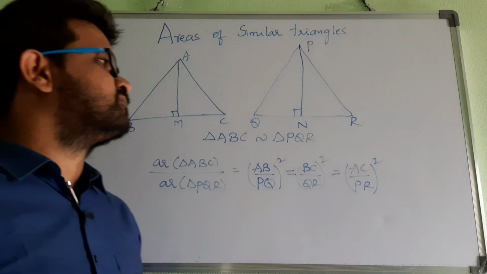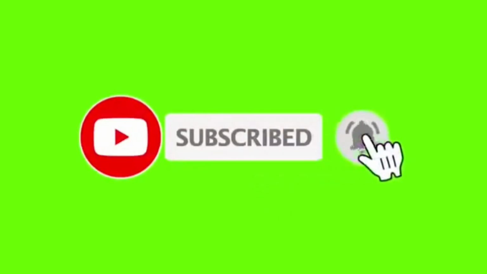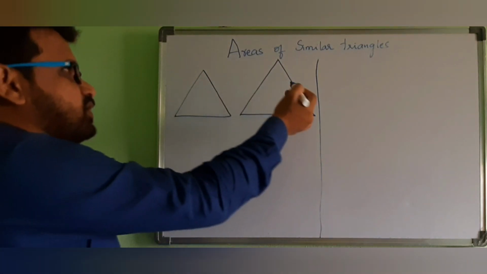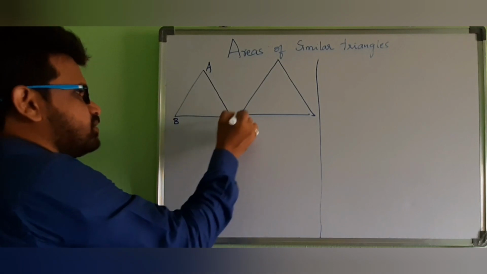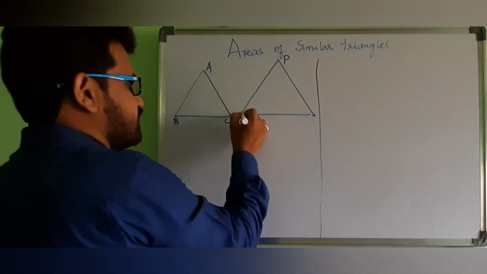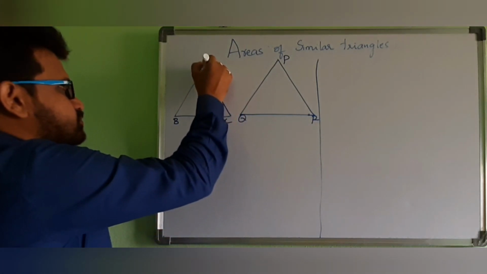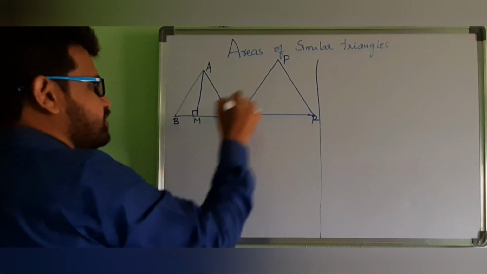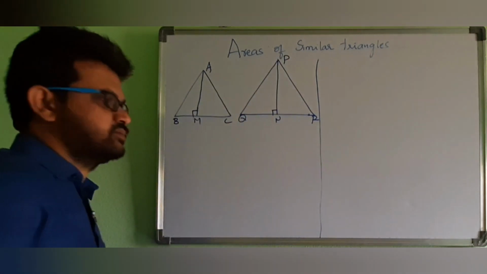Let us prove this theorem. To prove that, take two triangles ABC and PQR and draw perpendiculars AM and PN.